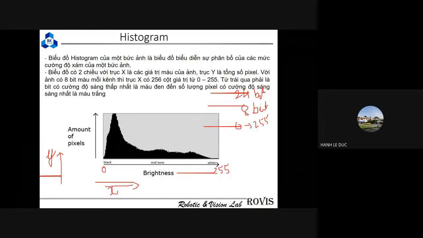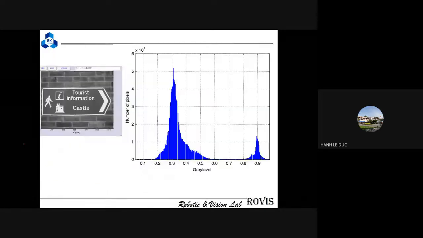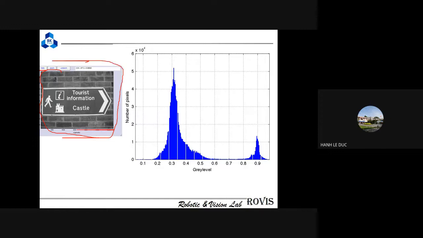And what is the value on the y coordinate? This is the amount of pixel. What is the amount of pixel? Okay, let's have a look at the example. I have this image, right?